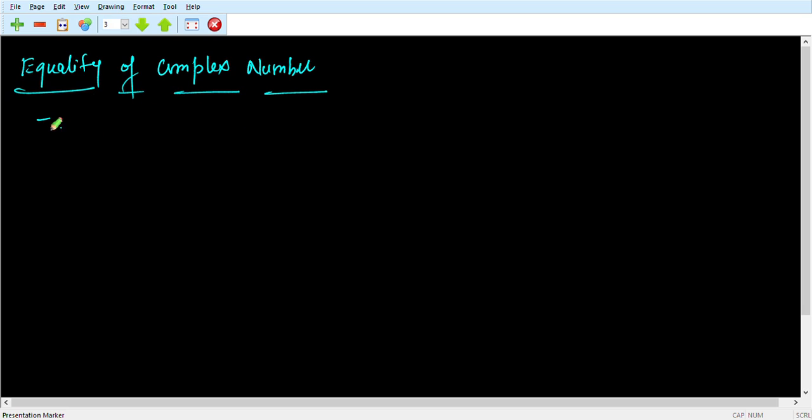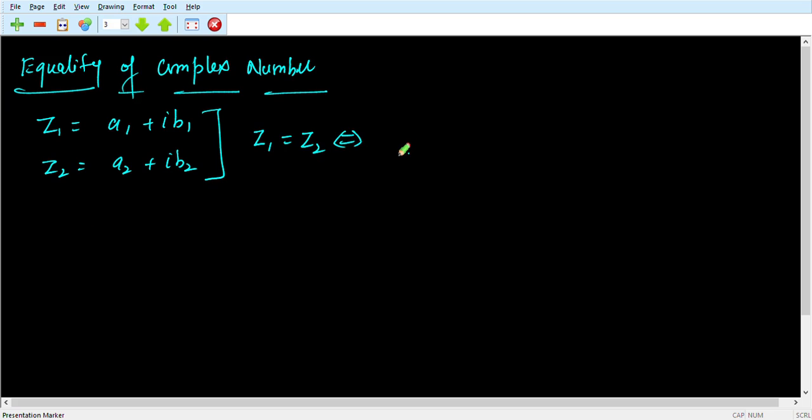Let us suppose I am having two complex numbers, Z1 is equal to A1 plus iota B1 and Z2 is equal to A2 plus iota B2. So if two complex numbers Z1 and Z2 are equal, it means A1 will be equal to A2 and B1 is equal to B2.